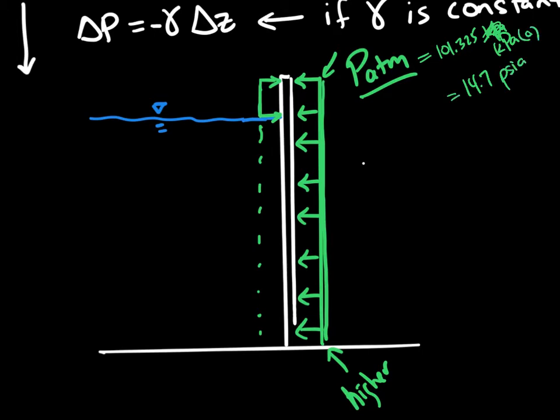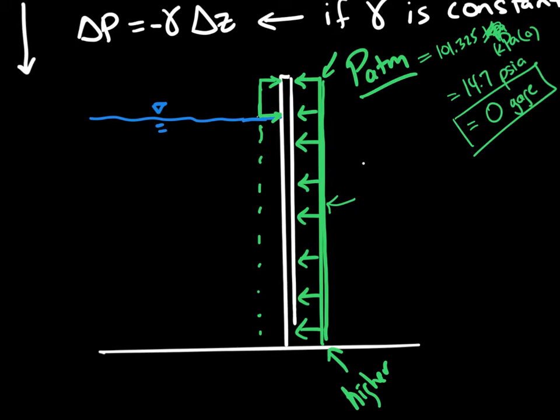Or we can make this zero gauge, which is obviously the preferred way to do it, and we'll talk about how that works. Clearly this force has an effect on this problem, so we'll talk about that in a second.